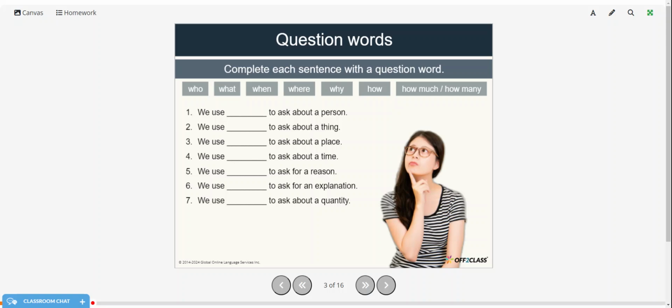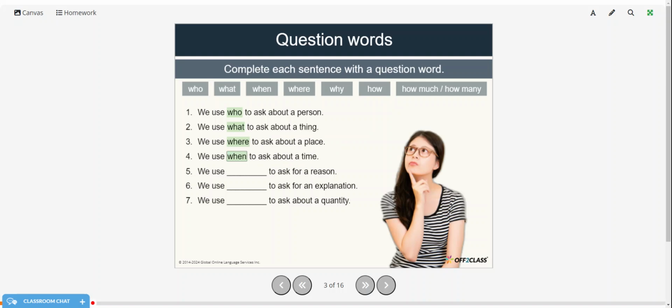So complete each sentence with a question word. And you can pause the video, try this on your own, and then restart when you're ready to check the answers. So here we use who to ask about a person. We use what to ask about a thing. We use where to ask about a place.